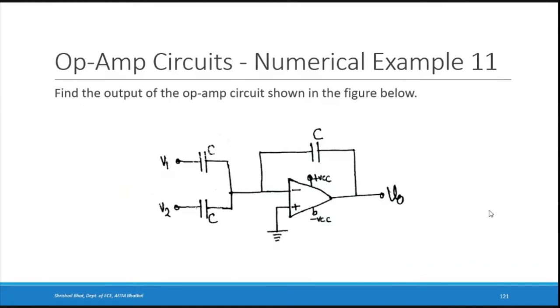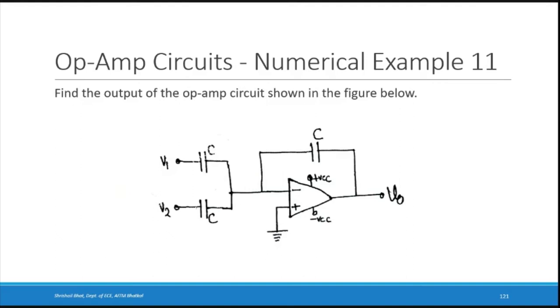Here we are asked to find the output of the op-amp circuit shown in the figure. Are you familiar with this circuit? Have you come across it anywhere? Where we have used capacitors so far is in the integrator and differentiator.